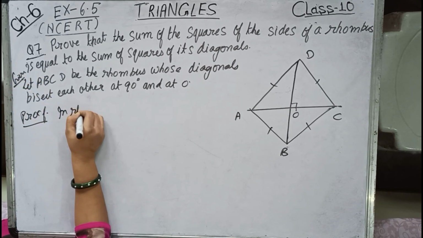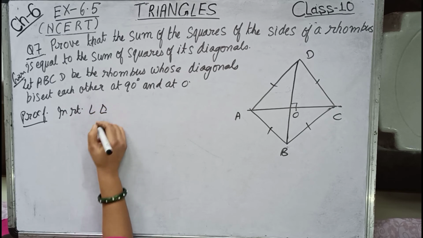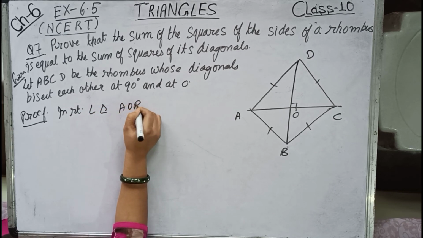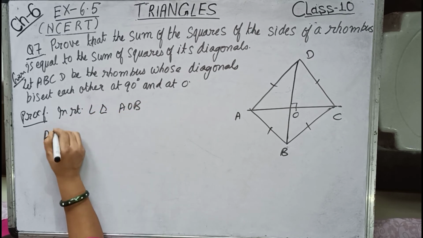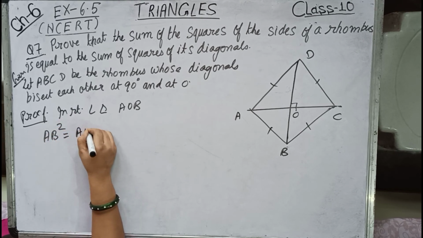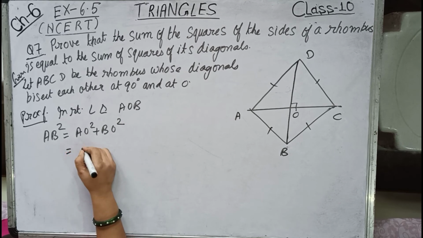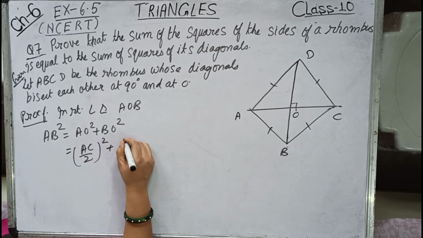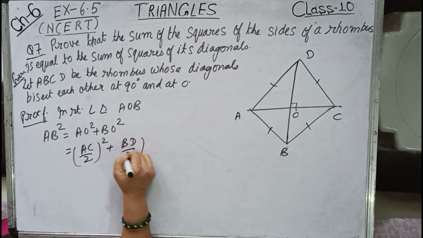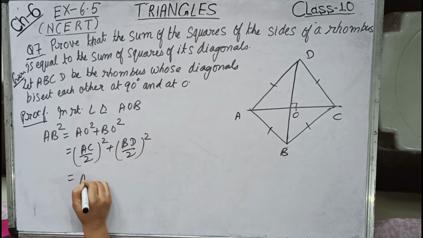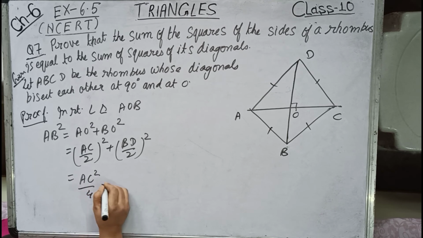In a right angle triangle AOB, AB square equals AO square plus BO square. Now AO is AC by 2 and BO is BD by 2. So we are getting over here AC square by 4 plus BD square by 4.